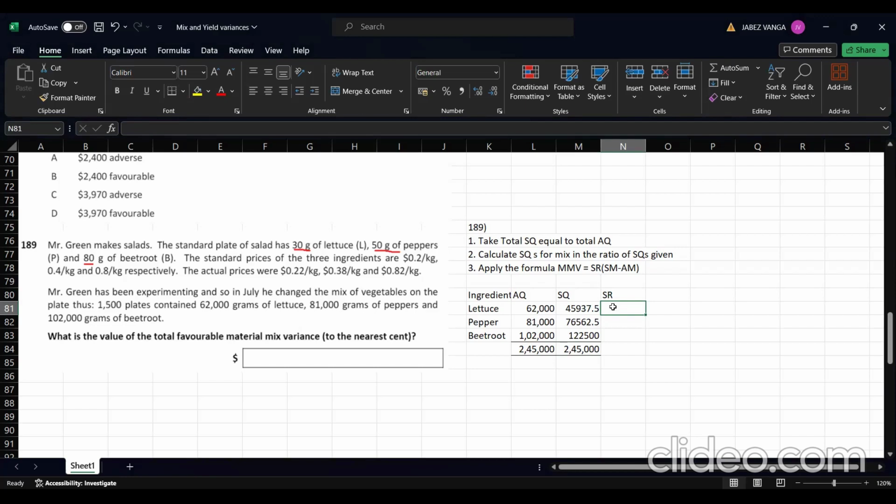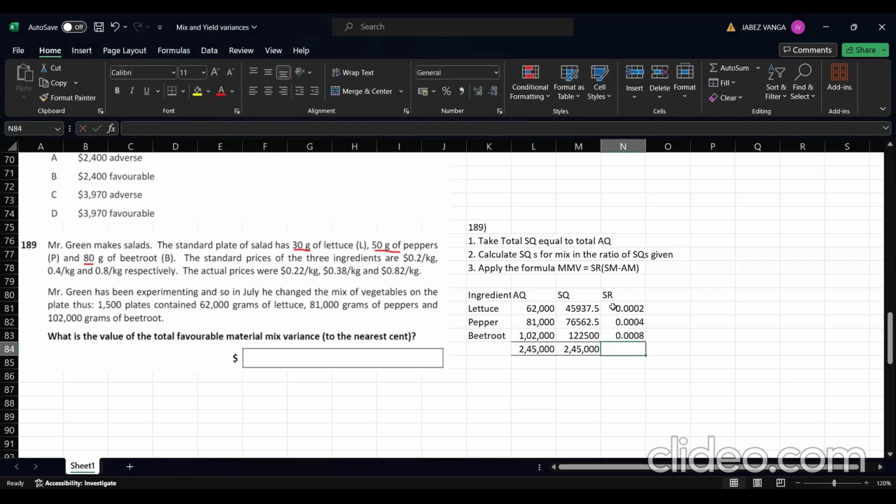If we are to make it per gram, this will become 0.2 divided by 1,000. Be careful about that and then write it. Similarly, 0.4 divided by 1,000, and here we have 0.8 divided by 1,000.